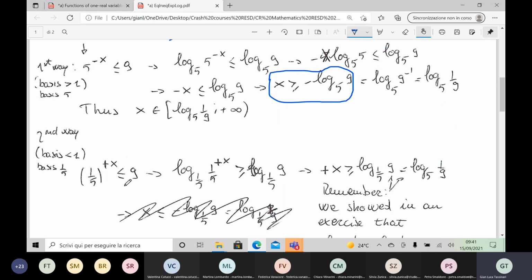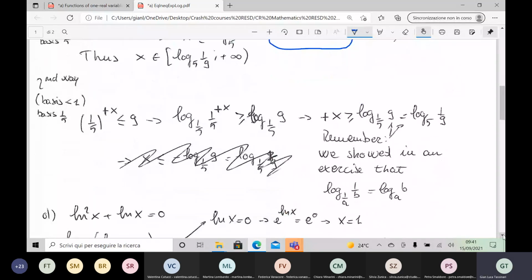Now, by solving it, guys, you can put down again x, logarithm with basis 1 over 5 of 1 over 5 is 1, greater or equal, or logarithm with basis 1 over 5 of 9. Okay, now you can keep the result here and here, because it's correct if you write it in this way. X greater or equal than this number is still okay.